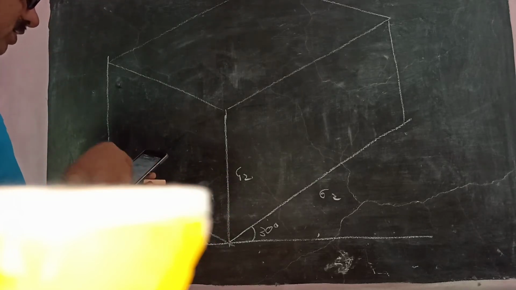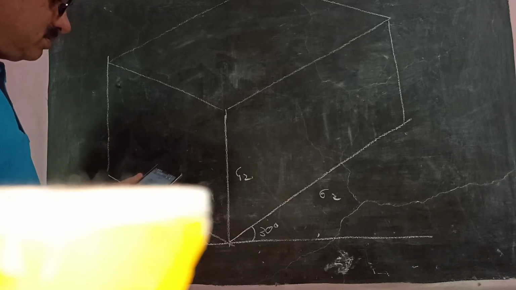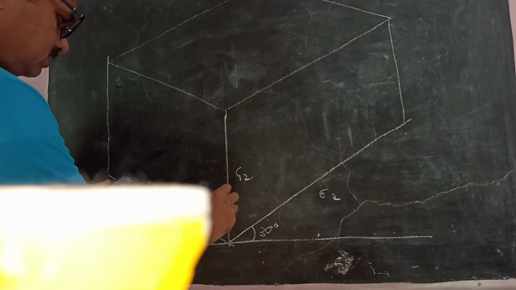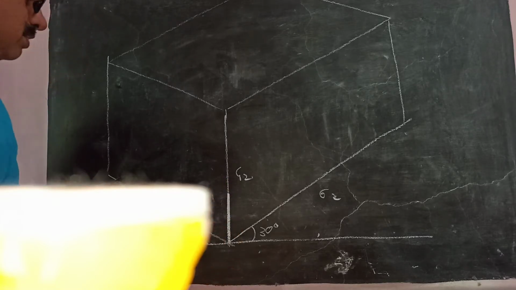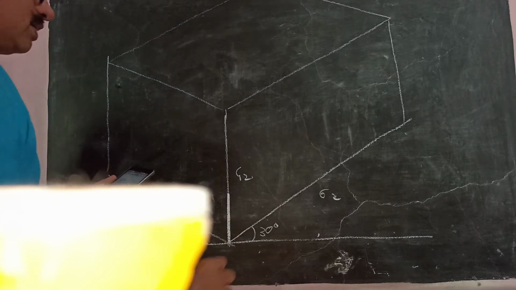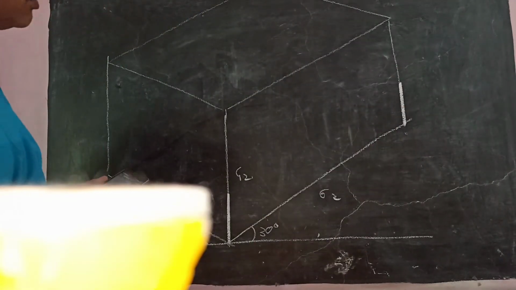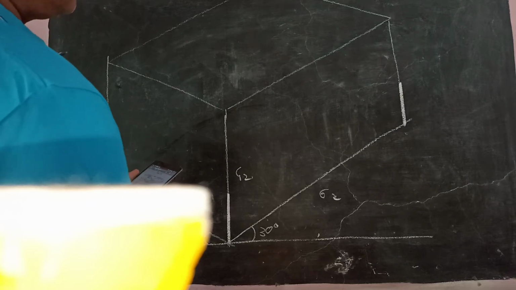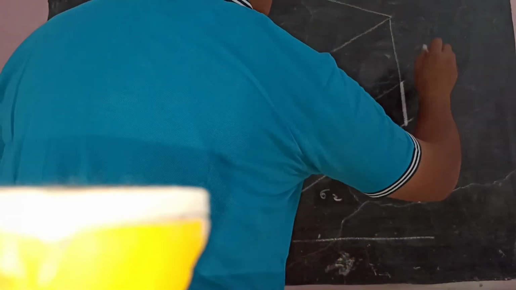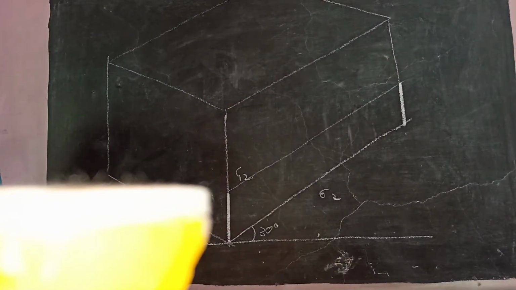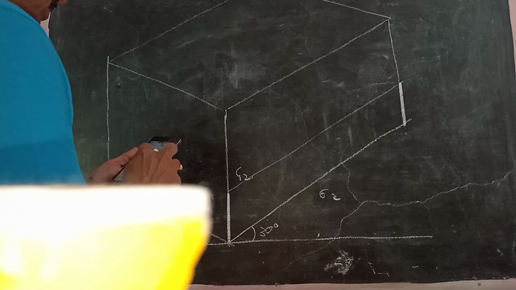Then let us see, there is a base here which is having height 16. So this is 16, and this is also 16. Draw a faint line here, because it is not the final.